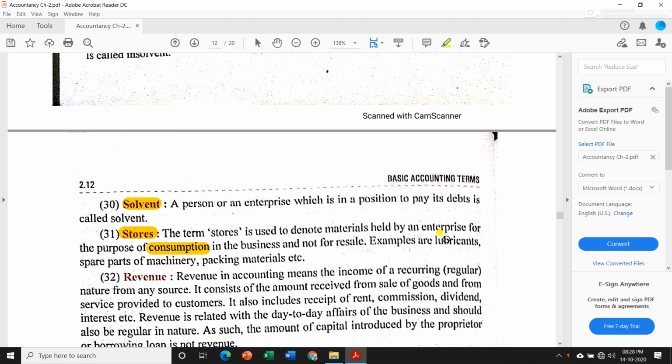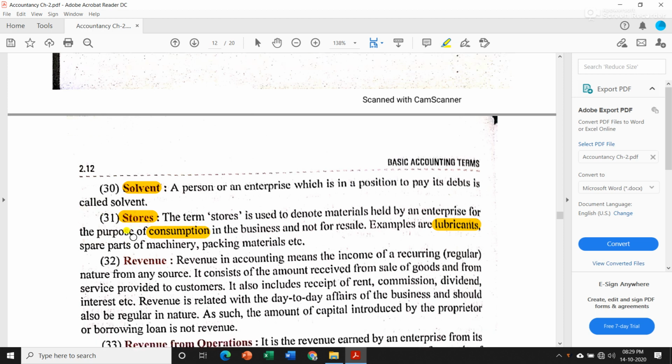Okay, example, lubricants. Lubricants we don't sell. We use them to keep our machinery in good condition. So while using lubricants, we consume them, but we do not sell them. Okay, so materials like spare parts of machinery and packing materials, which are kept in the business for use and which are consumed while using them, are nothing but stores.